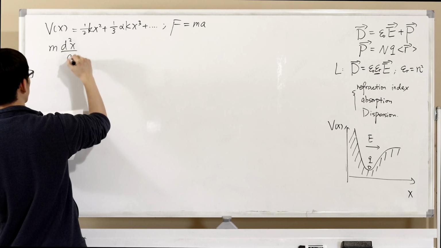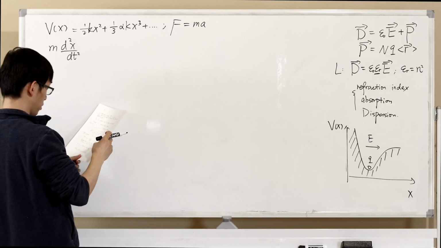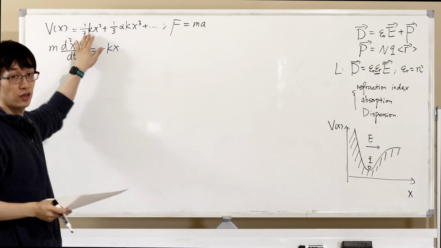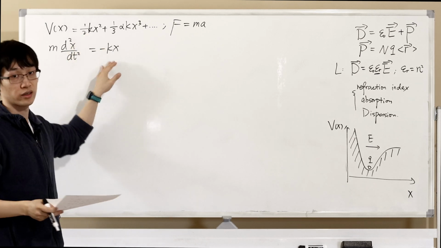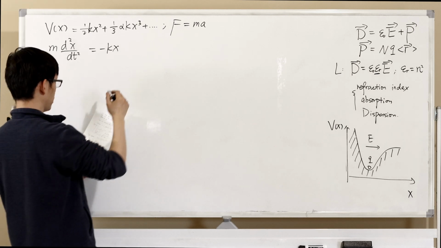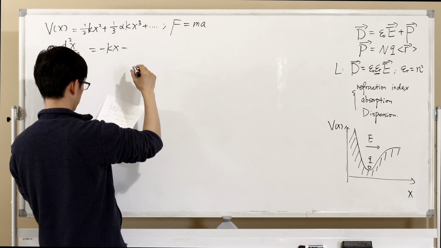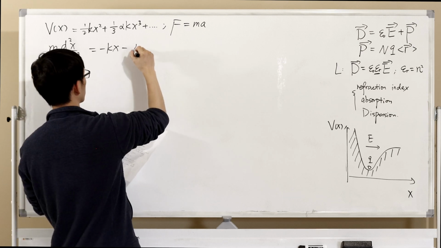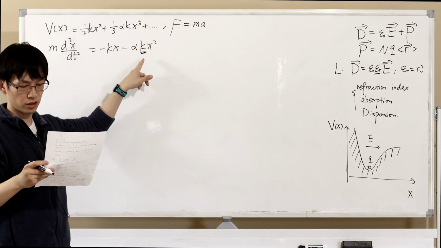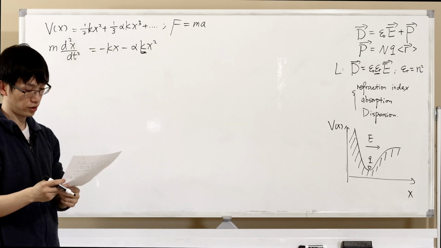It's also on page 4 of the note. So this part is ma. Then you have minus kx, that's the first term, and it looks just like the harmonic oscillator, the restoring force of a spring. Then you have a higher-order term. I think in the note I missed a k here; if you look at page 4, there should be a k here.